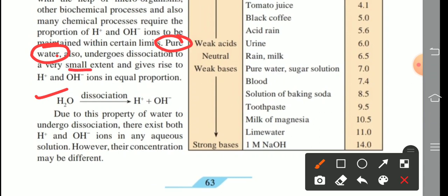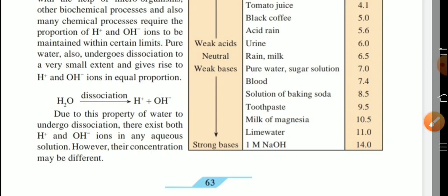After dissociation, what happened? Hydrogen ions and OH minus, meaning hydroxyl ions, are formed. Due to this property of water to undergo dissociation, both hydrogen and hydroxyl ions exist in any aqueous solution. However, their concentrations may be different.